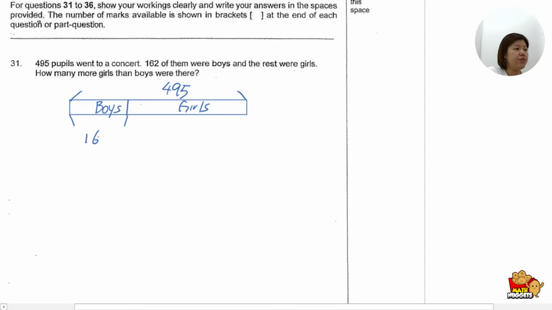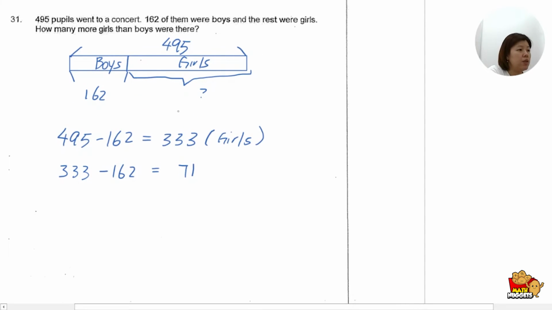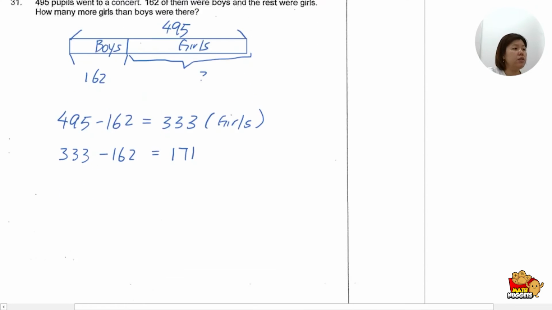And boys is 162. I'm supposed to find the girls. I will take 495 minus 162. It's actually my girls. Since the girls are more than the boys, I can find how much more there. The answer is 171.